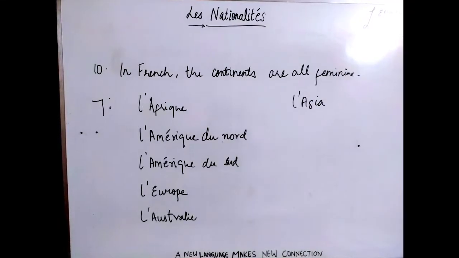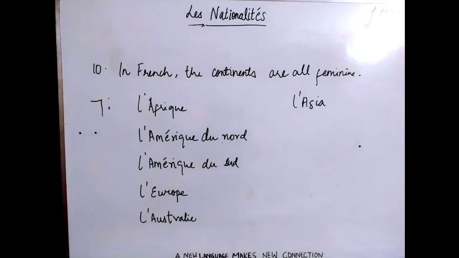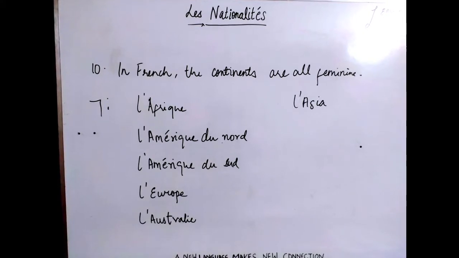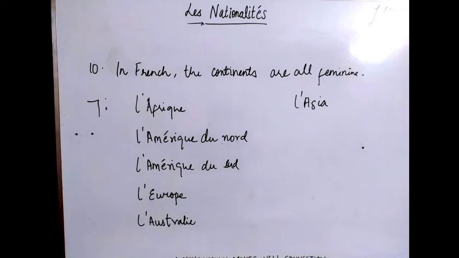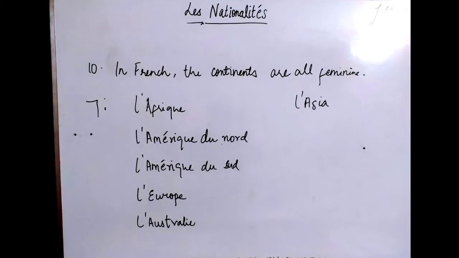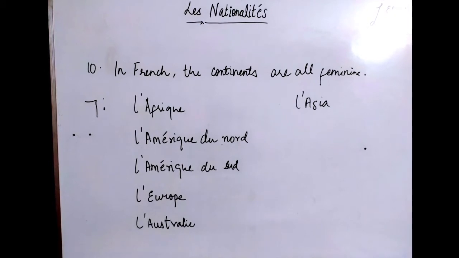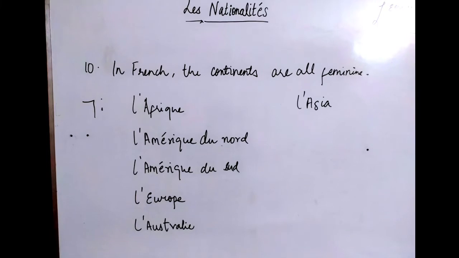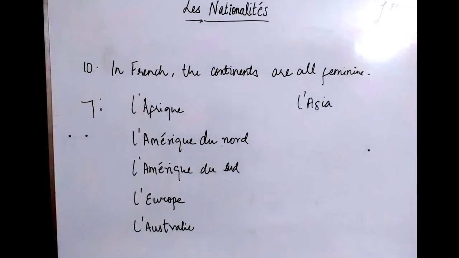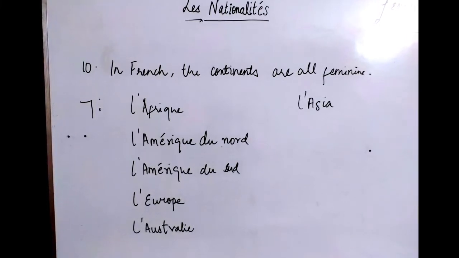See guys, French is a very interesting language. So the continents are all feminine in French. Okay, now we'll go through all the continents one by one. L'Afrique, which is Africa. L'Amérique du Nord, it is North America.